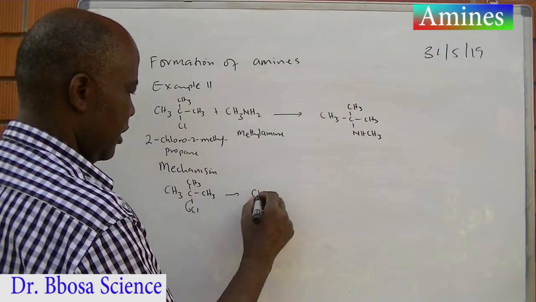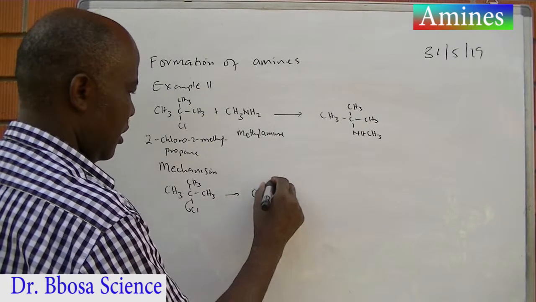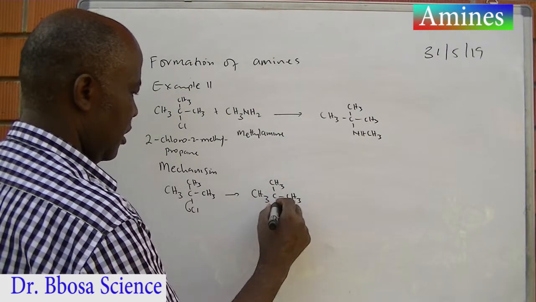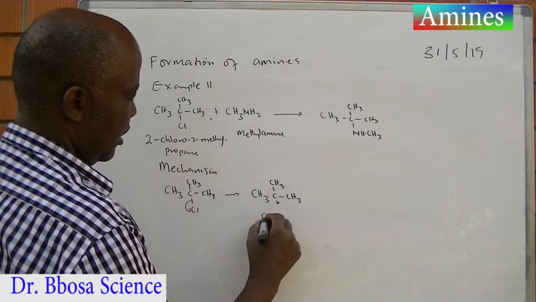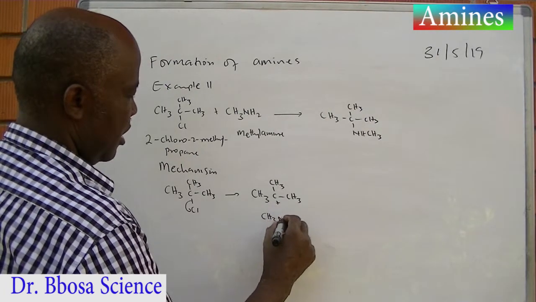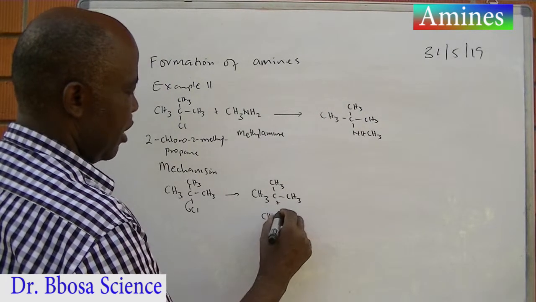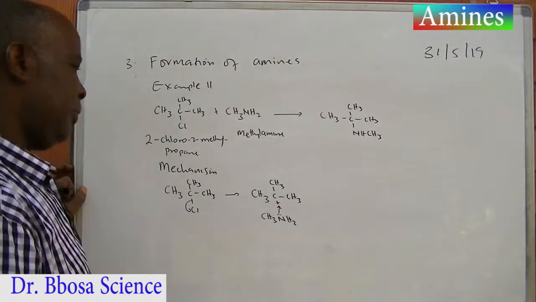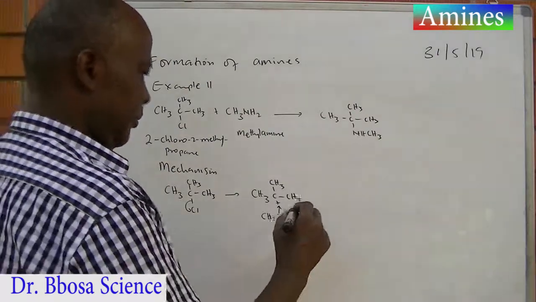Then you get, the amine uses a lone pair of electrons to attack a carbonium ion.